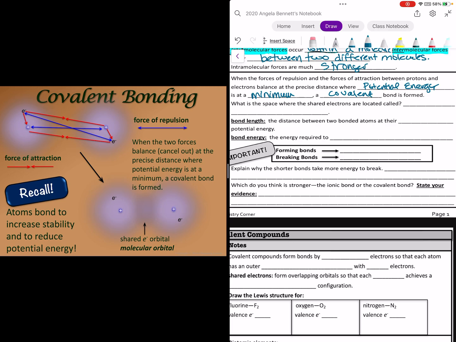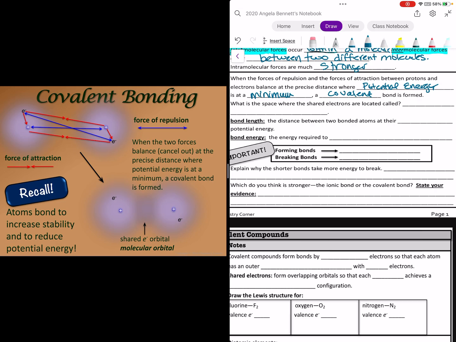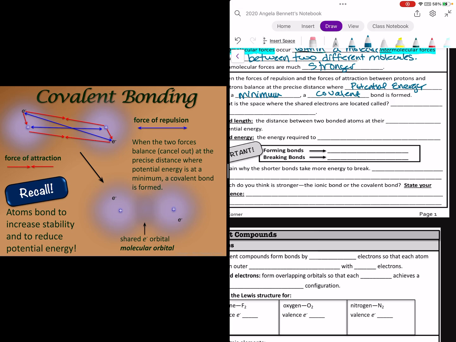Remember, they're going to bond because they want to reduce their potential energy and become more stable. That's the whole purpose, reducing potential energy and becoming more stable. Okay, so the space where the shared electrons are located is called the molecular orbital.